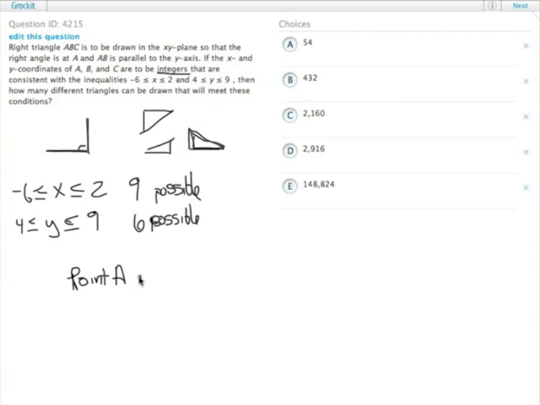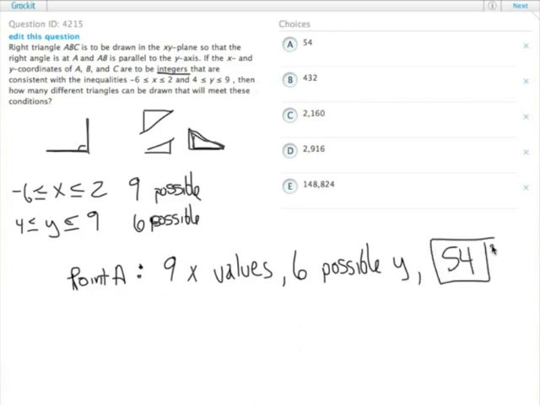Point A has one of 9 possible x values, and it has one of 6 possible y values, for a total of 54 different combinations of x and y. And that's just for point A. So already choice A, we can rule it out because that's only the value for point A. Triangles have 3 points, hence the name.